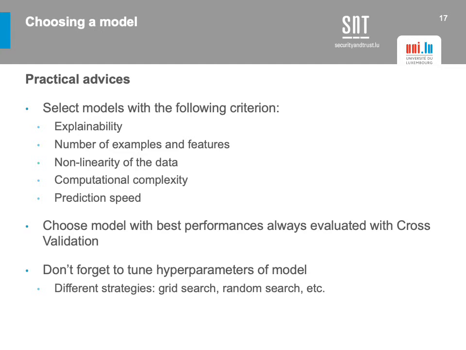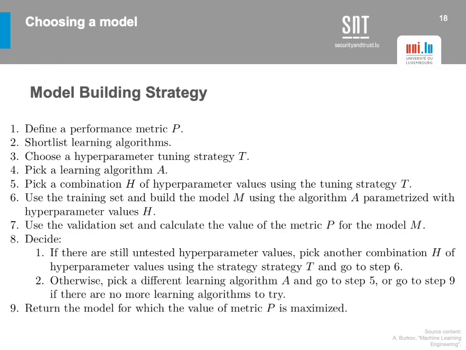If you have the depth of the tree and another hyperparameter, you find all the possible combinations of the values that you allowed. And you can also have random search. You can randomly draw some hyperparameters, you train your model, you evaluate the performance, and you see what's the best performance. A lot of other strategies exist to tune your hyperparameters.